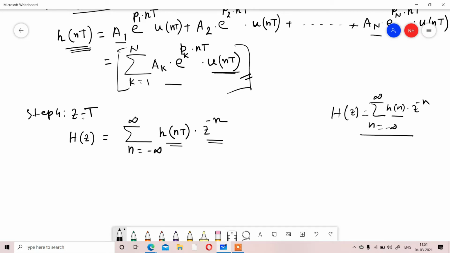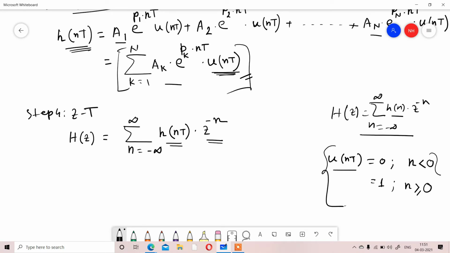Here you have u(nT). What does that mean? For simply u(nT), that will be 0 for n less than 0. That is the unit step characteristics, and that will be 1 for n greater than or equal to 0. That is the characteristic of our unit impulse response.